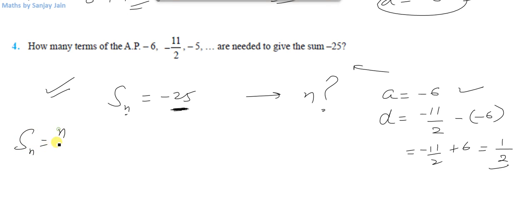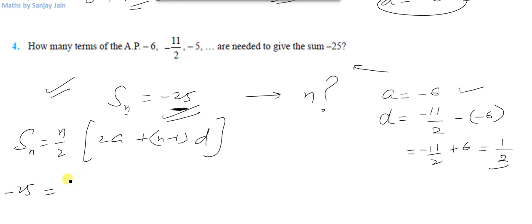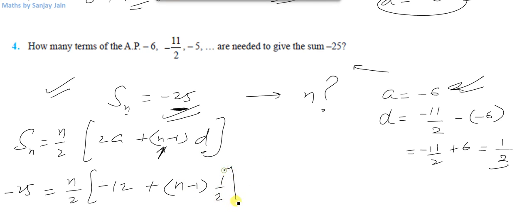Sn equal to n by 2 twice of A plus n minus 1 into D. What is Sn? It is minus 25. What is n? You need to find out, right? How many terms? So twice of A, twice of minus 6 will be minus 12 plus n minus 1, n you need to find out, right? So let us leave it like this. D is 1 by 2. So I'll write D here.